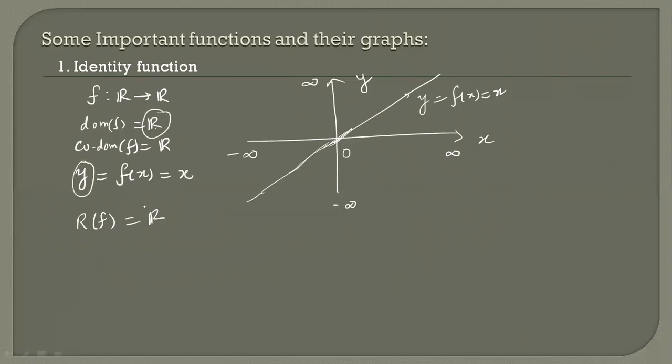Okay. Now we have another example, another function, called the constant function. Take a function from real to real, and the function is given to you as y equal to f(x) equal to some constant c. It is fixed for every x belonging to the domain, and what is the domain here? Real numbers.